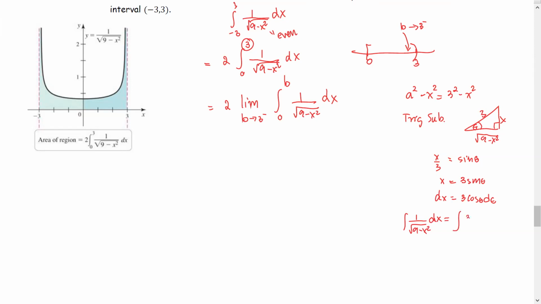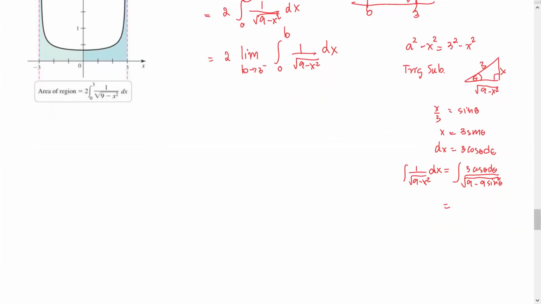The dx is 3 times cosine theta d theta, and the denominator is the square root of 9 minus x squared, which is 9 sine squared theta. Simplify the denominator and write it with the common factor 9 times 1 minus sine squared theta under the square root with respect to theta.